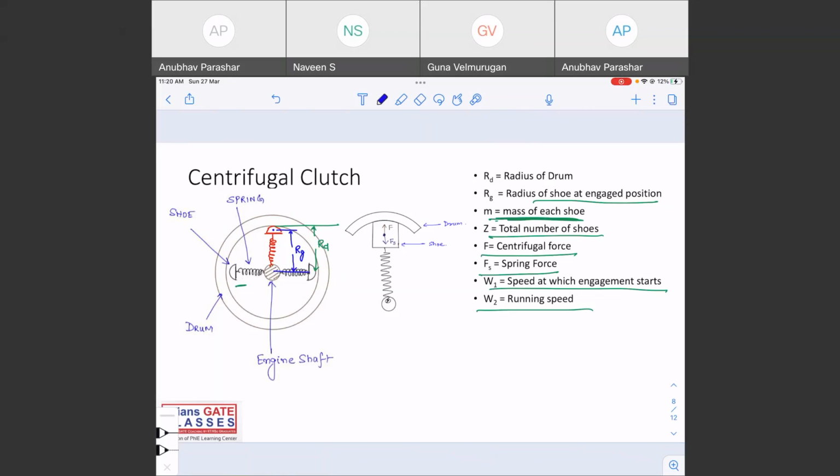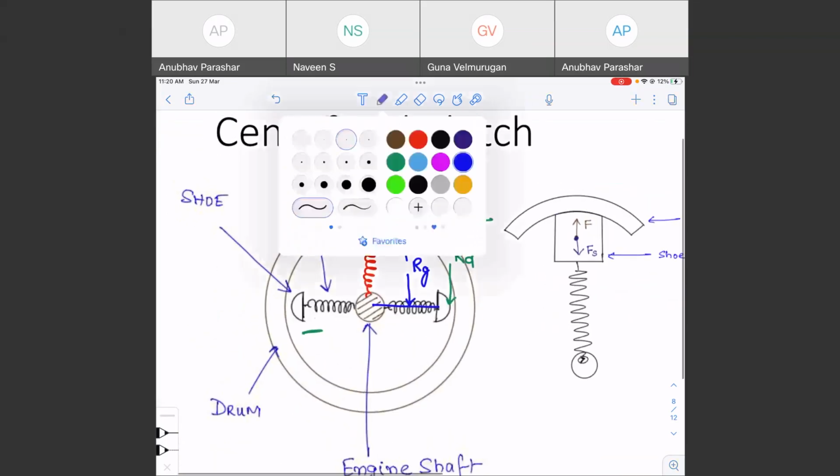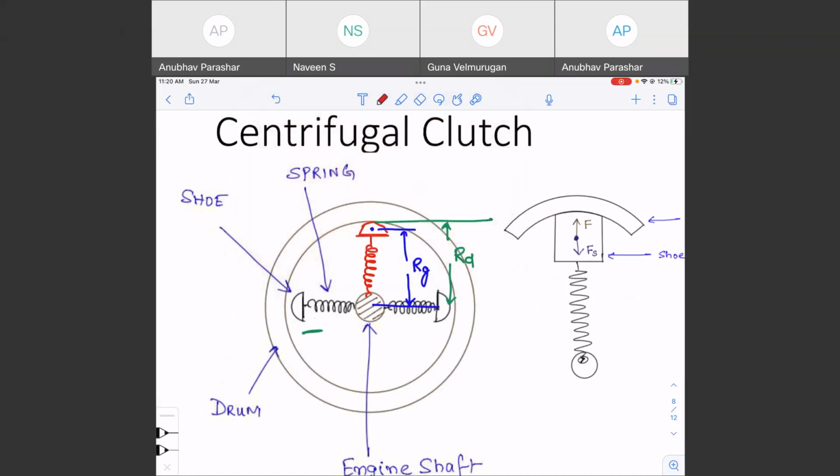Now, let me say the engine starts moving. As soon as the engine starts moving, the clutch will also start moving. As the clutch starts moving, the shoe will rotate and there will be some amount of centrifugal force.